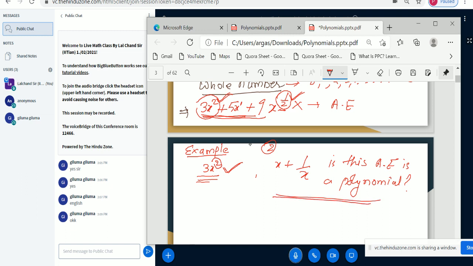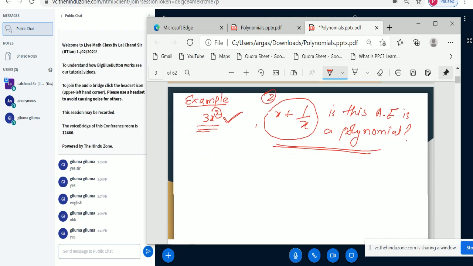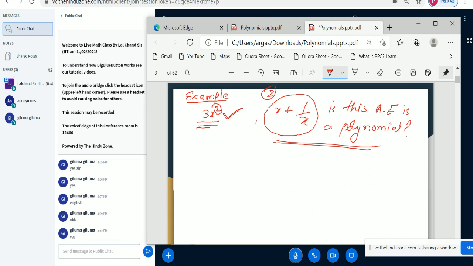The second expression, x plus 1 by x, is this a polynomial or not? Yes. Why? How can you say that x plus 1 by x is a polynomial?